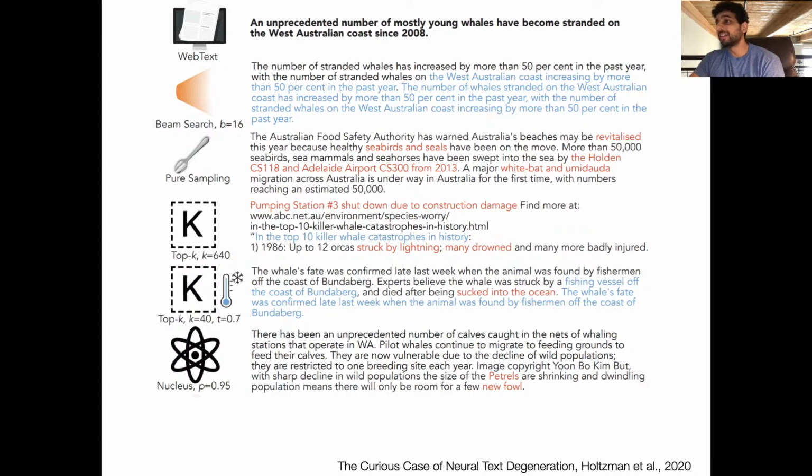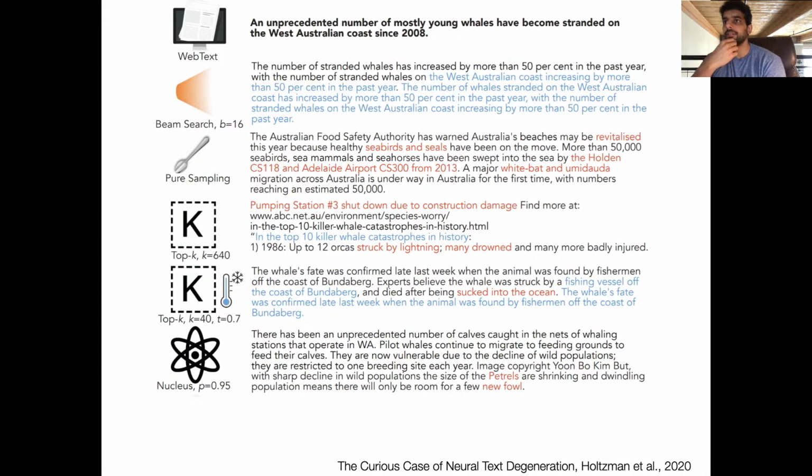I'll say in general that tends not to happen too much. Mostly these probabilities are kind of well distributed across a bunch of synonymous words. And in the case where there is one word that is obviously the next word, it gets a very, very high probability. In nucleus sampling, we address this because if there's one word that has 99% of the probability mass, we're just going to sample that word.